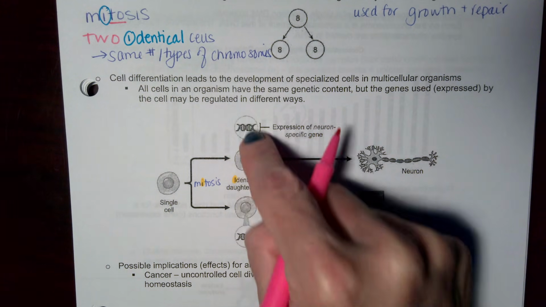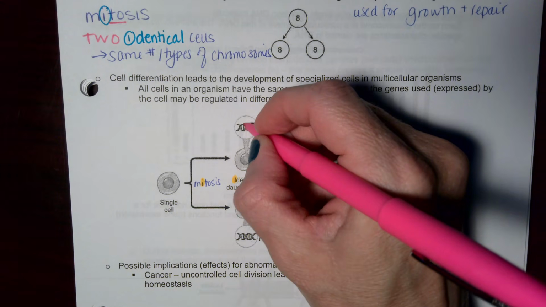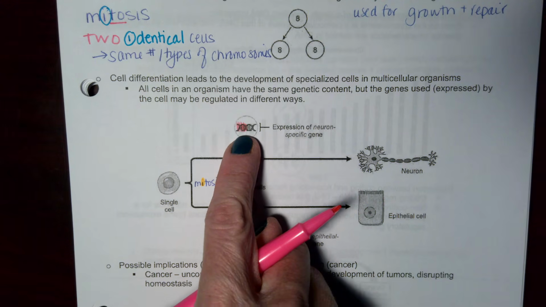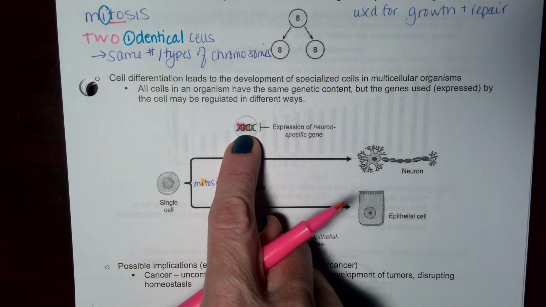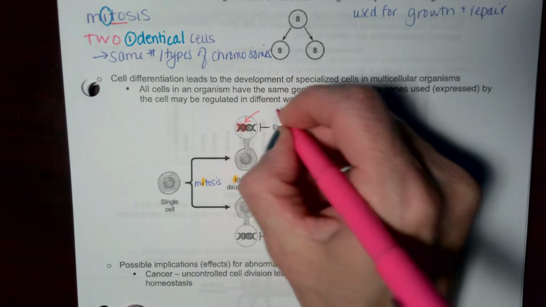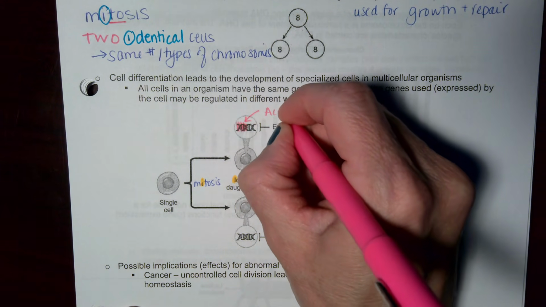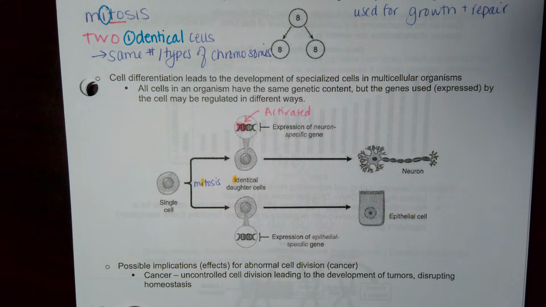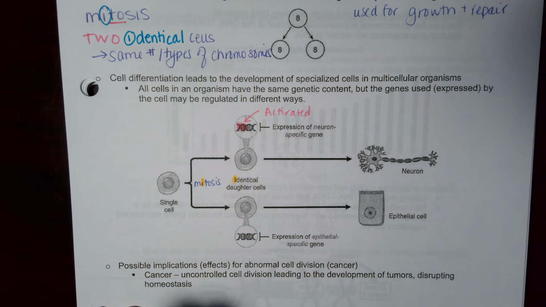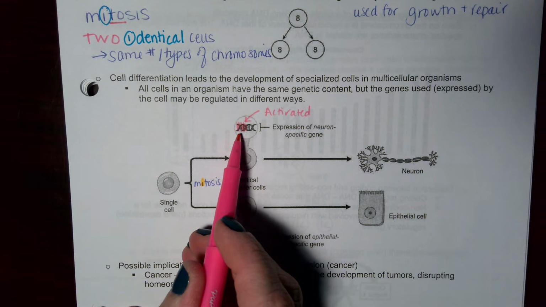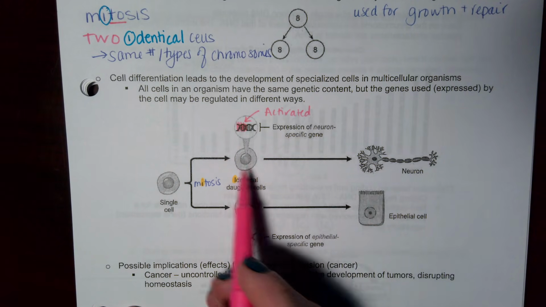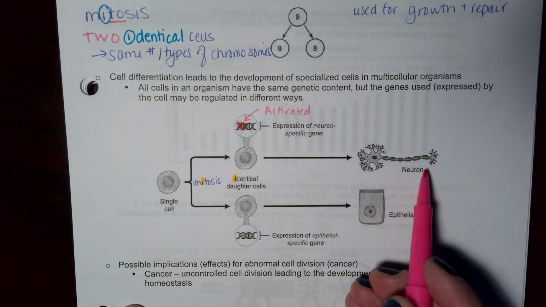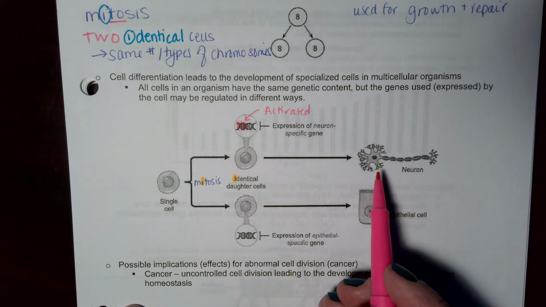If I'm highlighting a similar area of DNA, what I'm going to notice, let's say if you are a nerve cell or a neuron, this section of DNA is activated. Remember, activated means turned on. When I flick the light switch on for this gene, that makes this cell differentiate or get the specialized job of being a neuron.